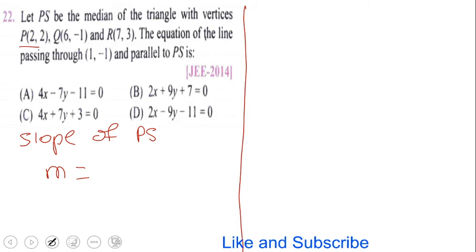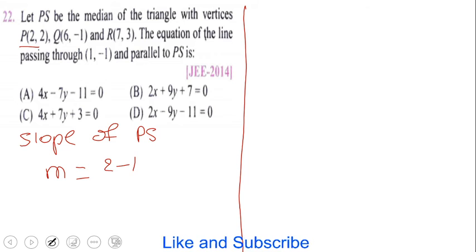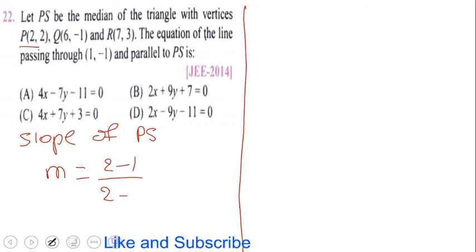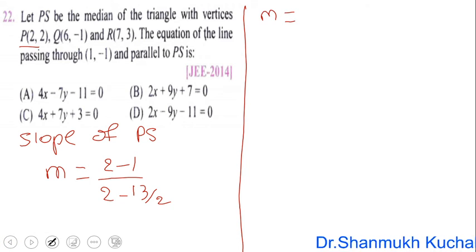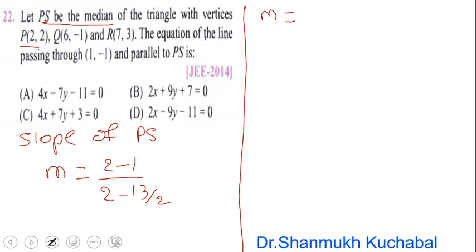So we get 2 minus 1 divided by 2 minus 13 by 2. Further we need to simplify this one. So it is a median.